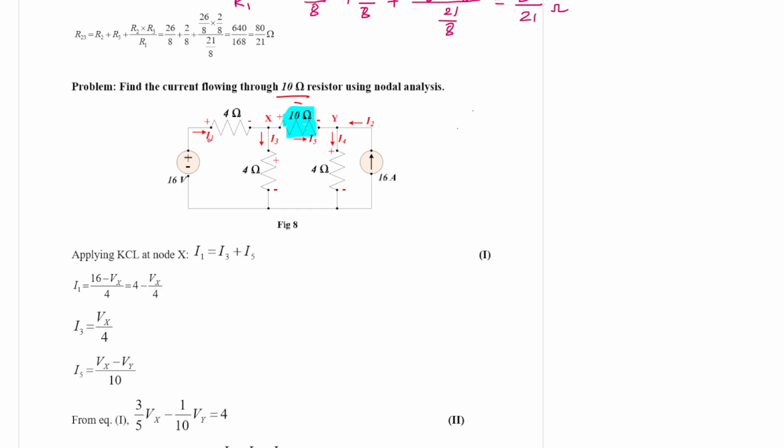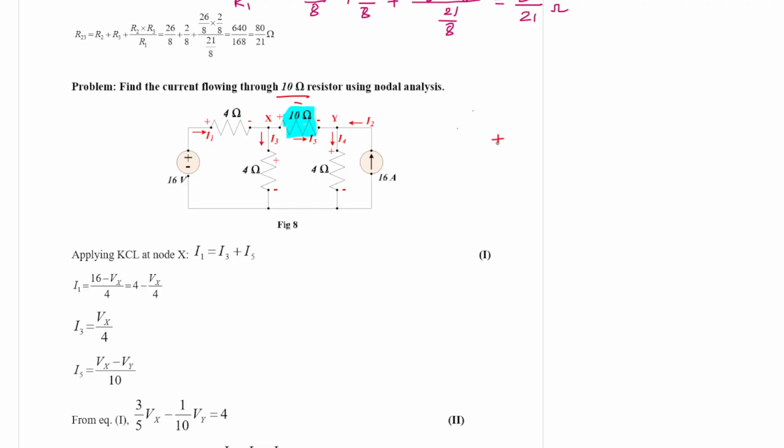This I1, I3, I5, I4, I2, all these currents drawn in red, and all these plus-minus polarities are not actually in the problem diagram. They are drawn additionally to make the picture clearer to you. So actually this diagram should look like this.